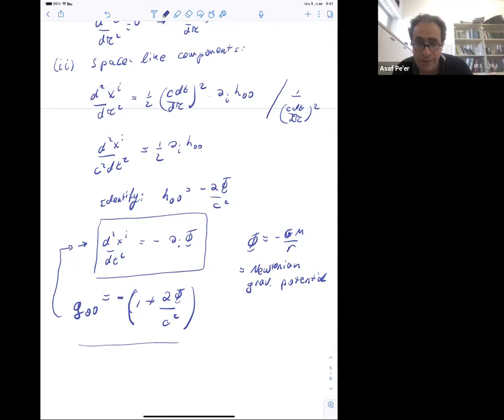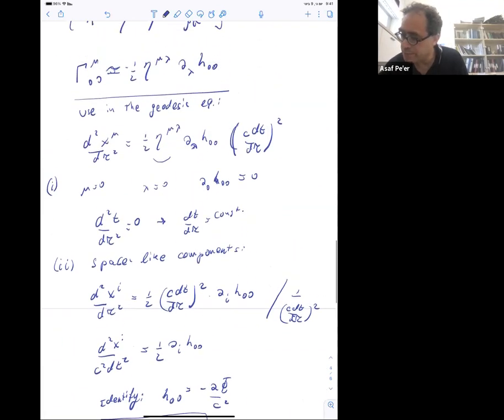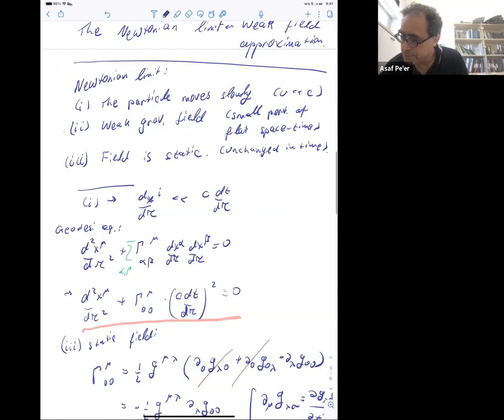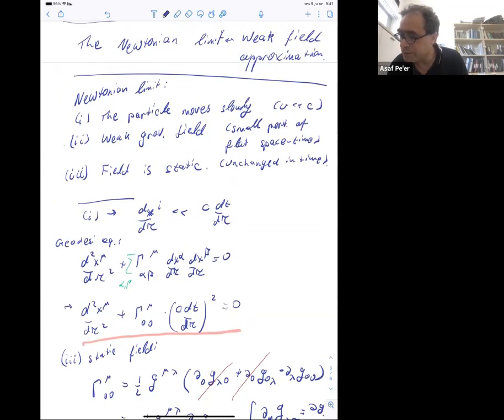Again, only in this limit. What I did here is very, very limited, right? It is restricted to the conditions that I stated here: slowly moving with gravitational field and static field.